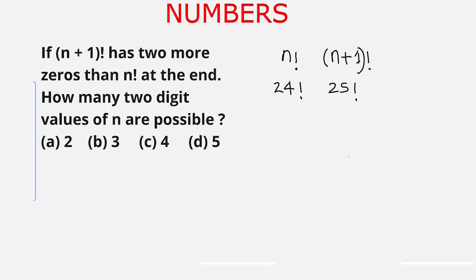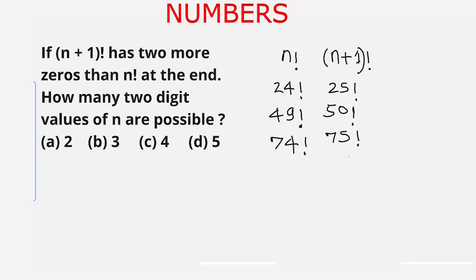Similar is the case when n is 49, so n factorial will be 49 factorial and n plus 1 will be 50 factorial. Between 49 factorial and 50 factorial, there is a difference of 2 zeros at the end. In 49 factorial, there are 10 zeros, and in 50 factorial, there are 12 zeros at the end.